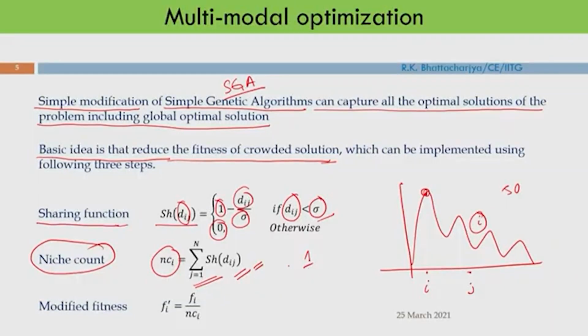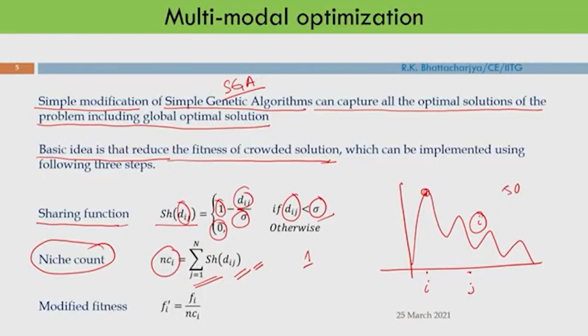Therefore, the niche count can be 1 or more than 1. If the value is large, the solution is crowded, and if the niche count is 1, the solution is not crowded.